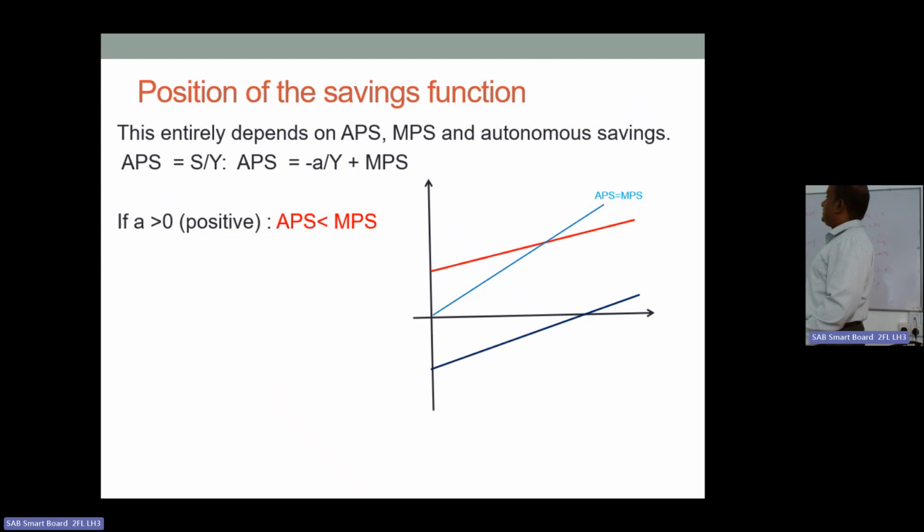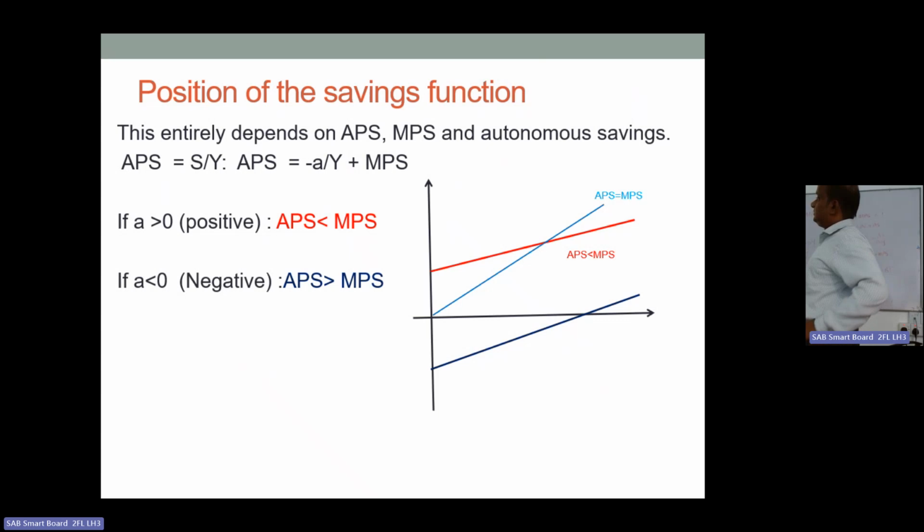So we can identify the average propensity to save as minus A over Y plus MPS, right? Then the same thing we can identify like we discussed in the consumption function. If A is positive, what happens? Here, APS is less than MPS, right? So in that sense, the saving function is like the consumption function.